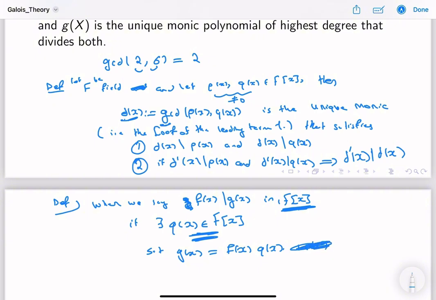But the definition is given as such: there exists another polynomial q of x where f of x times q of x is g of x. So this is the definition of the GCD. Now, why does it exist? Why is it possible to find the GCD of two such polynomials in such a ring?